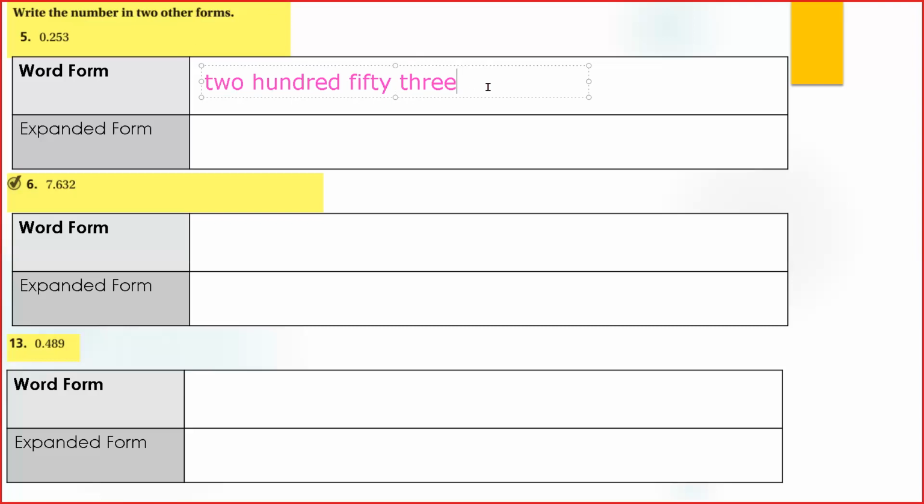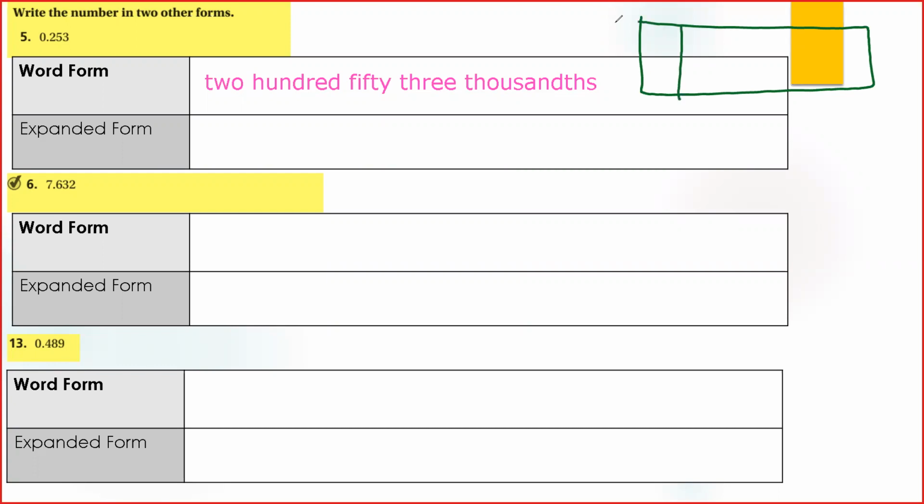So what do you have to say now? Thousandths. Bravo. Now, can you write the expanded form? I will remind you now. Tenths, hundredths, and thousandths. So here we have point 253. So you say 253 thousandths.